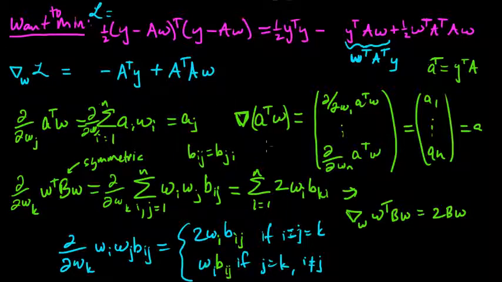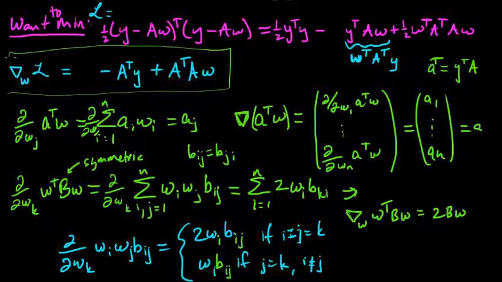All right, so that means we take the gradient of this guy with respect to w. The 2 cancels the 1/2, and we just get A transpose AW, and that's this. Okay, so that's good. So that's the gradient.